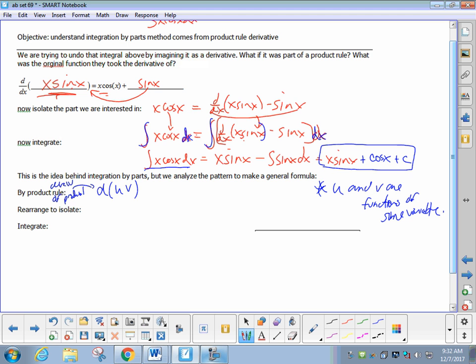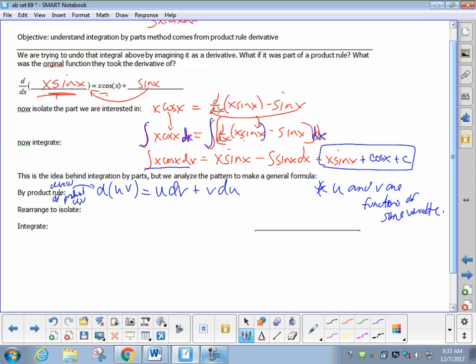That d is the general derivative with respect to whatever the variable is. Do you follow? By product rule, when I take the derivative of the product, the first stays the same, u, times the derivative of the second, dv, plus second stays the same, v, times the derivative of the first, du. I think you'll agree with the product rule, yes?